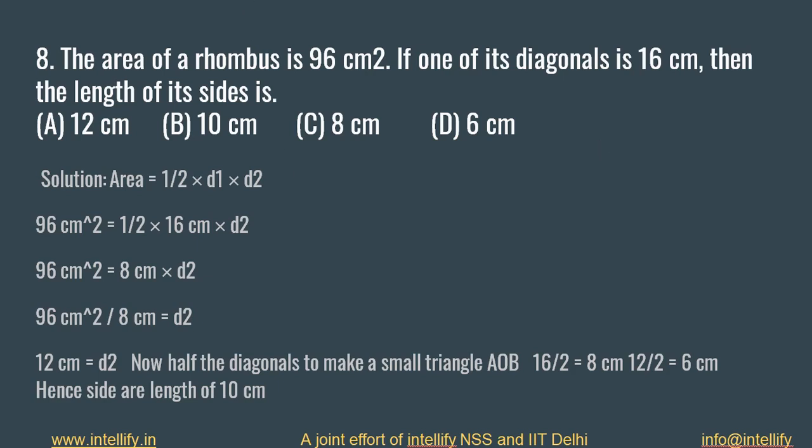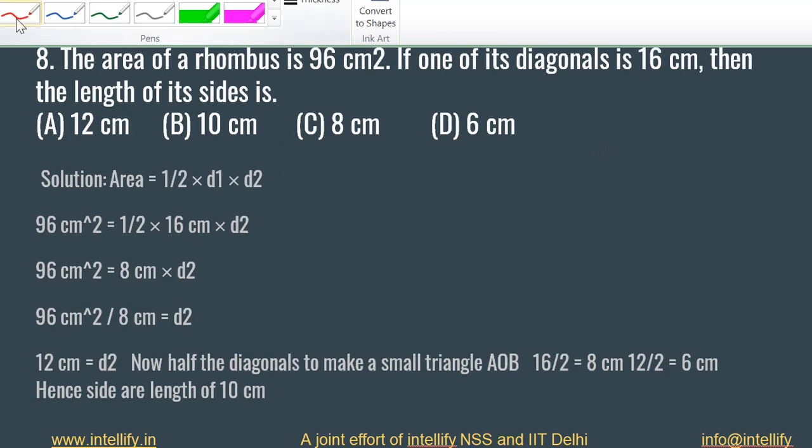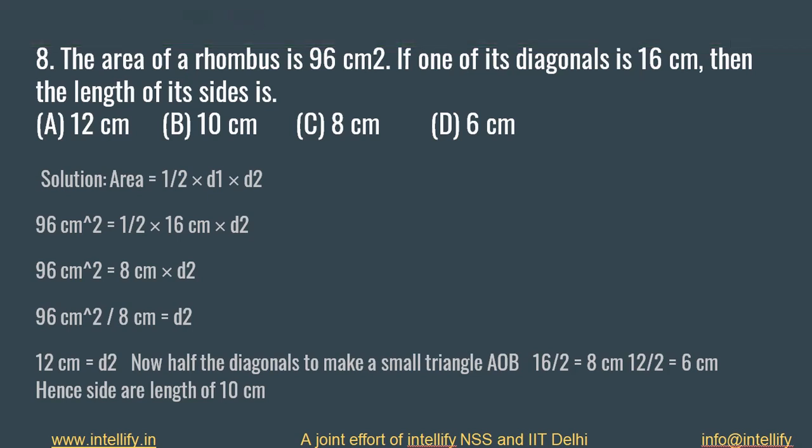So first we have to look at some of the properties of a rhombus. A rhombus is almost similar to a square, but the sides of a rhombus do not make a 90-degree angle to each other.